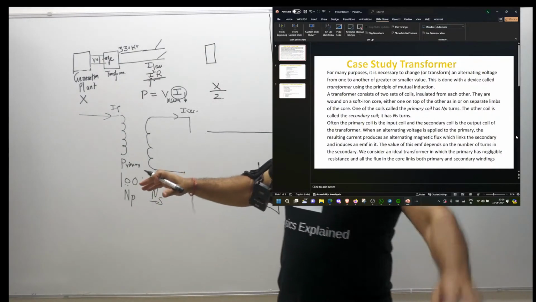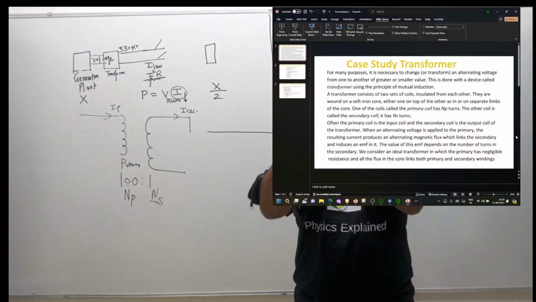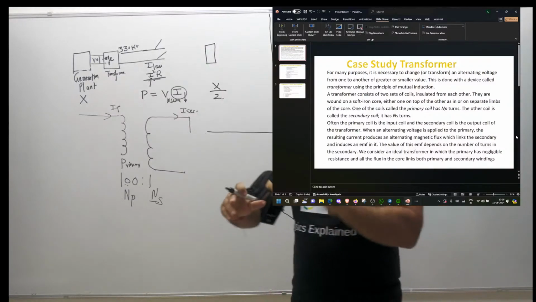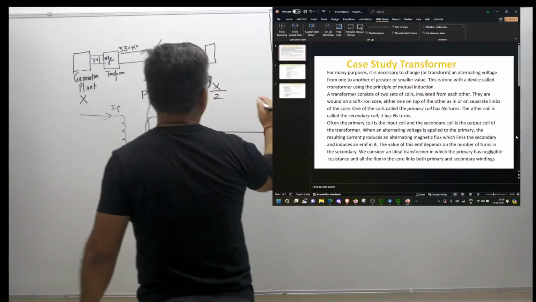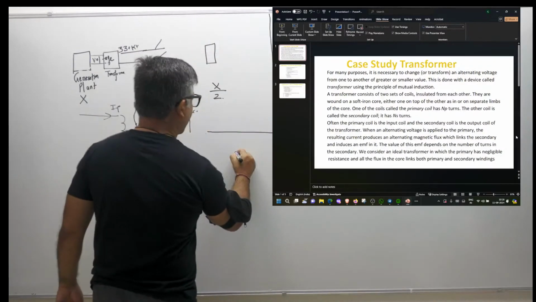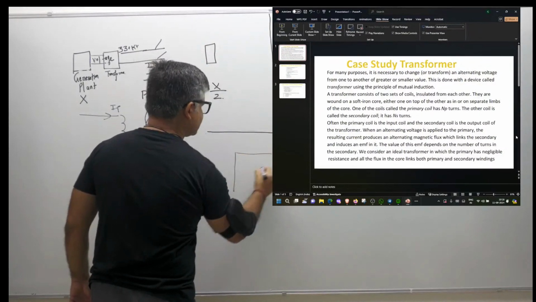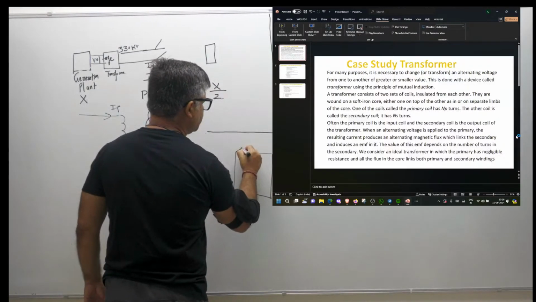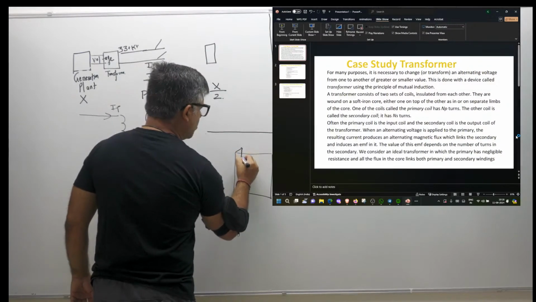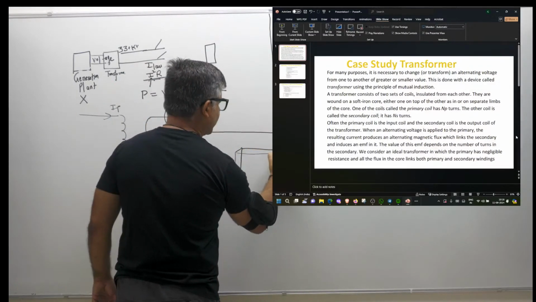It says it is wound on a soft iron core. Soft iron core, why? Because of the iron core which you use, where you wind this up.